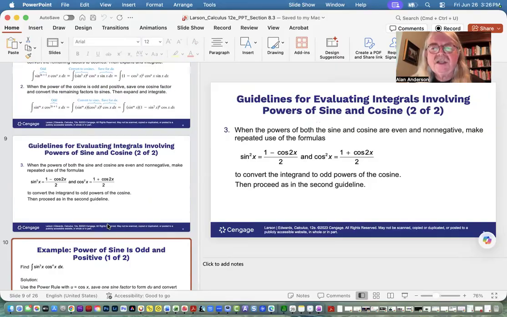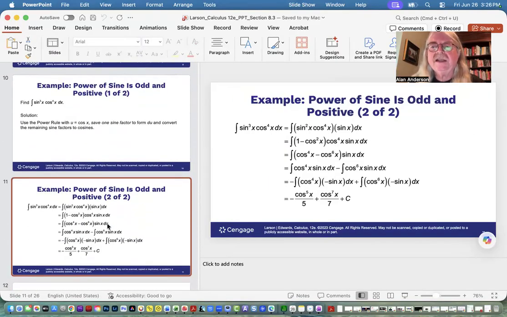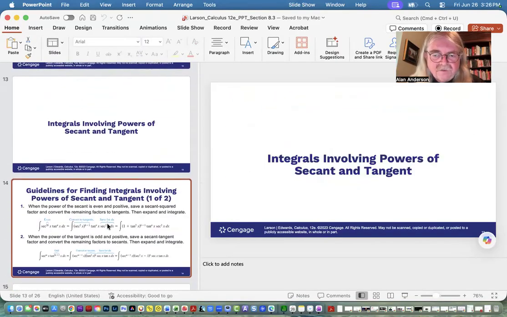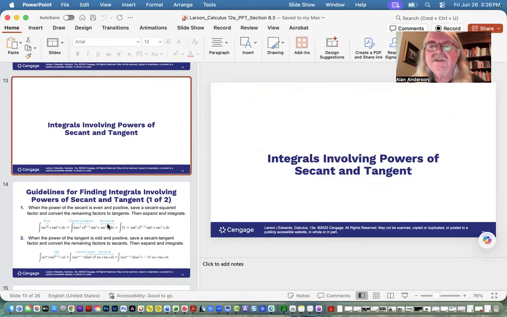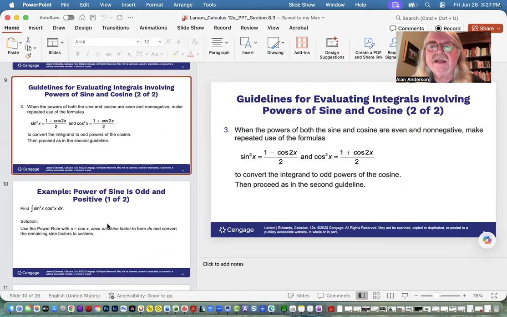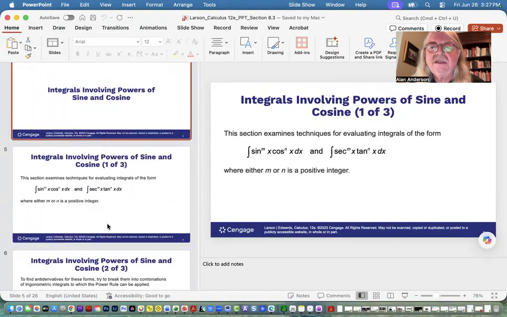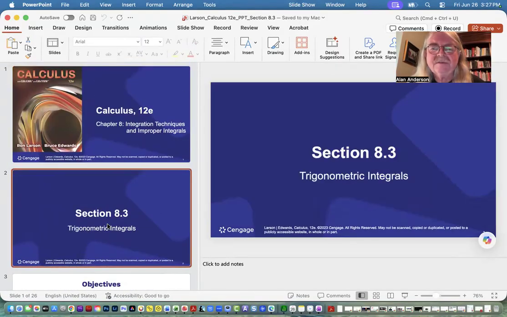The same thing will be true with the secant and the tangent, which you can find down here on slide 14. The rules are listed here. In this case, if the secant's exponent is even, we have one rule. If the tangent's exponent is odd, then we have another rule. Okay, so let's go back to where we were and do some examples.